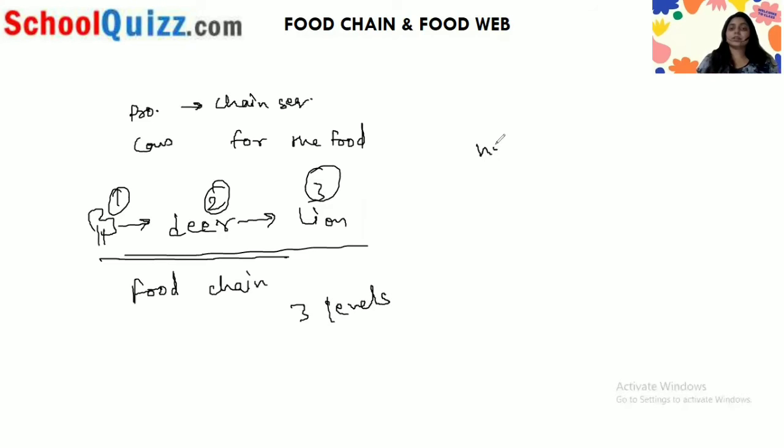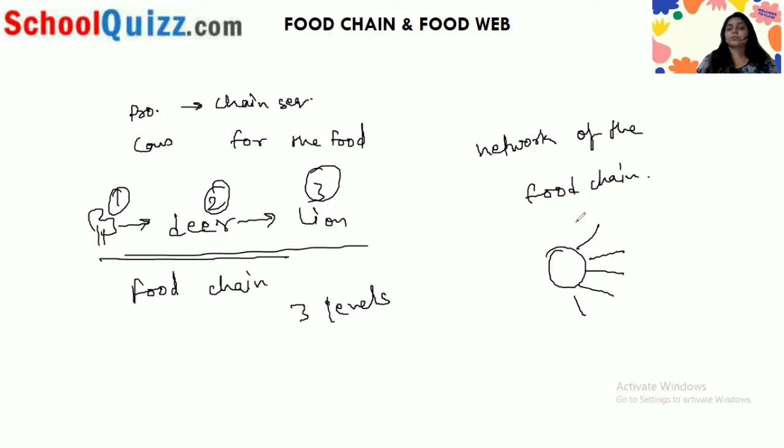And what is the food web? The food web is the network of food chains. For a particular food, there are many organisms. Like there is a lion. The lion can eat deer or can eat wolf.